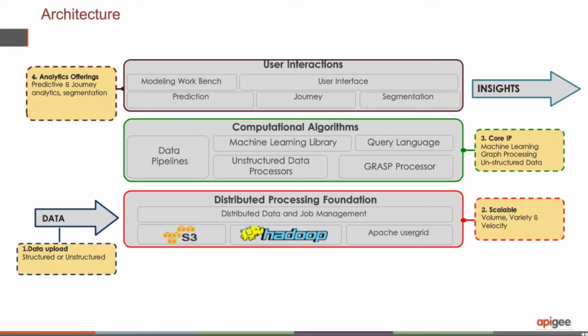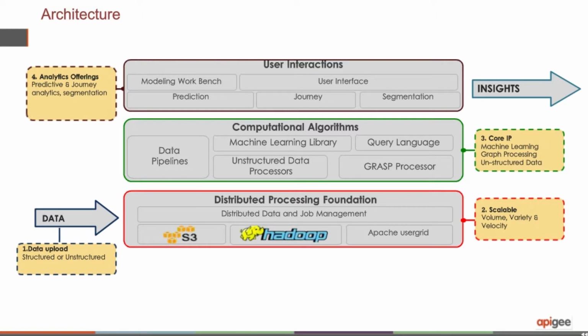On top of these platforms, we have a distributed data and job management layer, which lets us browse the data on these platforms or launch jobs on these platforms. That's the lowermost building block. This is followed by the computational algorithms that we have. This includes the data pipelines and all the machine learning libraries.